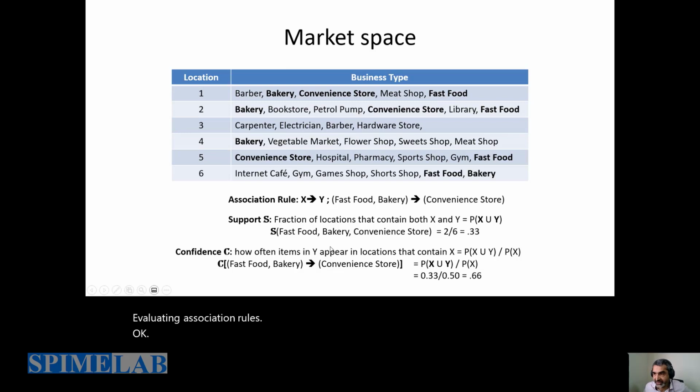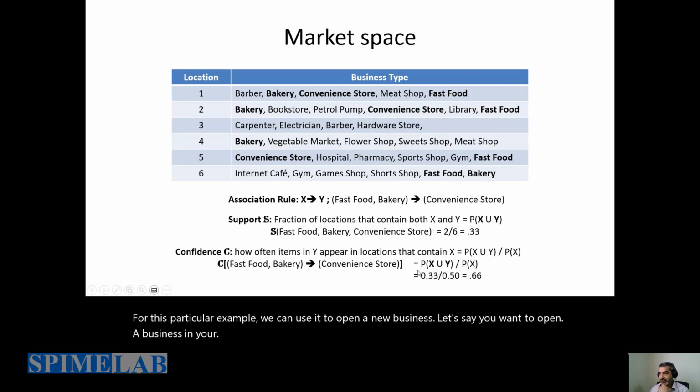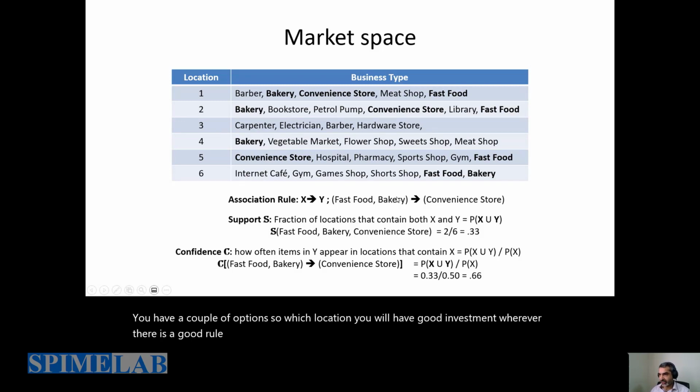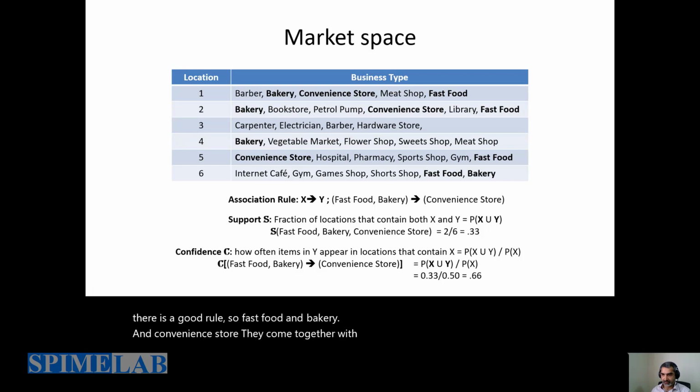For this particular example, we can use it to open a new business. Let's say you want to open a business and you have a couple of options. In which location will you have a good investment? Wherever there is a good rule. So fast food and bakery and convenience store come together with good support and confidence.